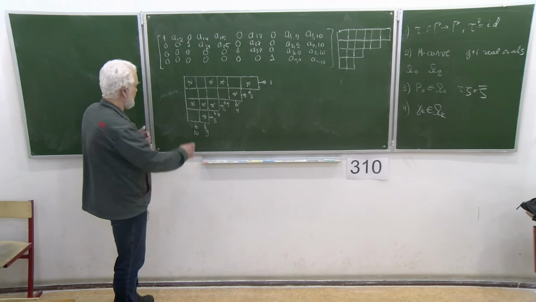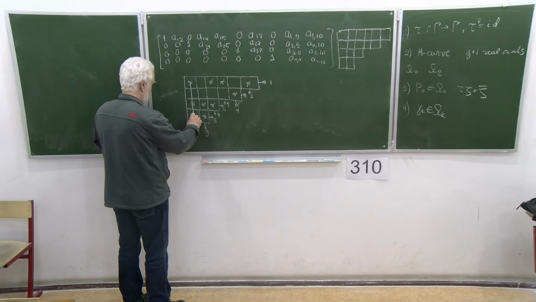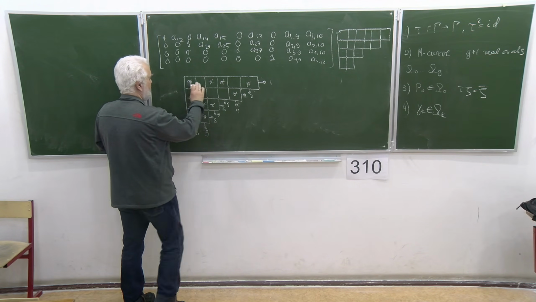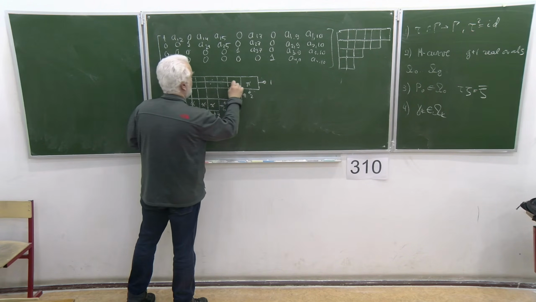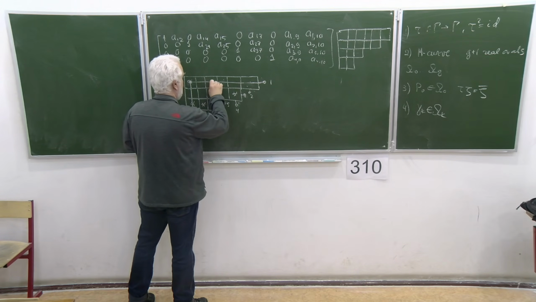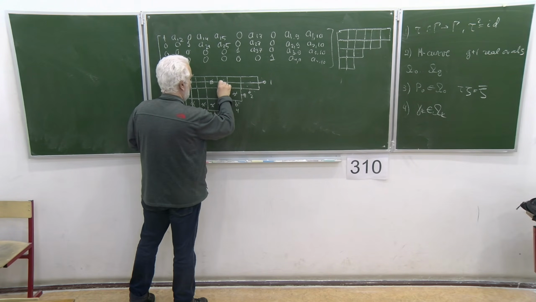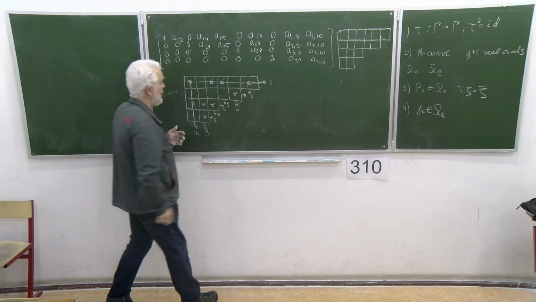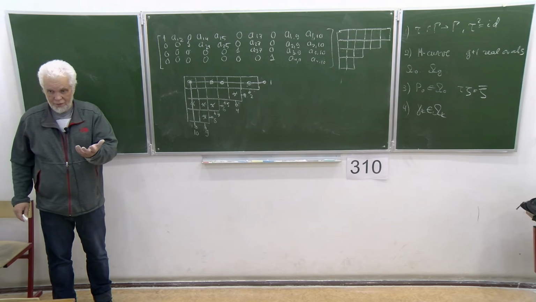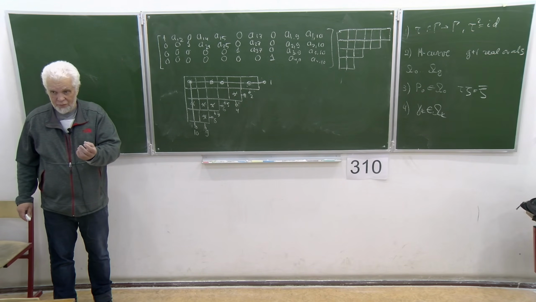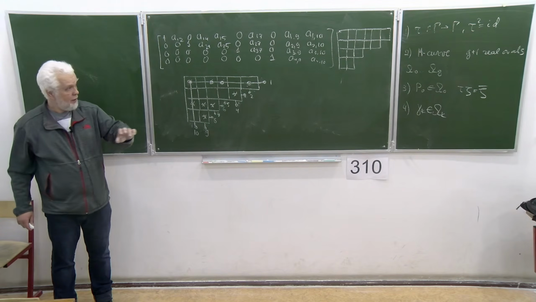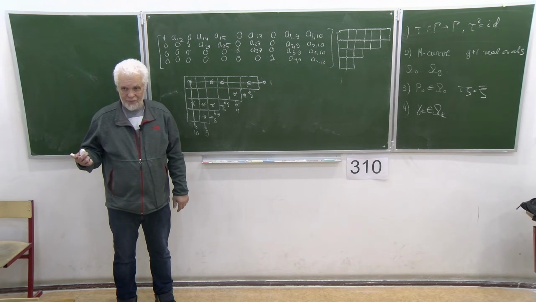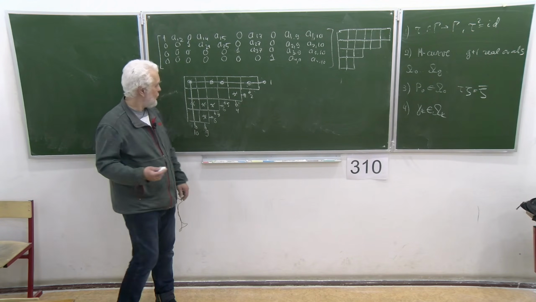Then we do the following. We take any point and put, instead of the star, a vertex of the graph. So we take any marked box, put a vertex in it, and go downwards and to the right. You see. And you obtain a graph.